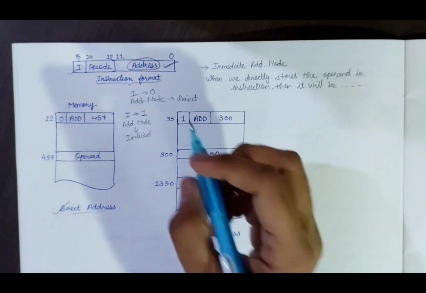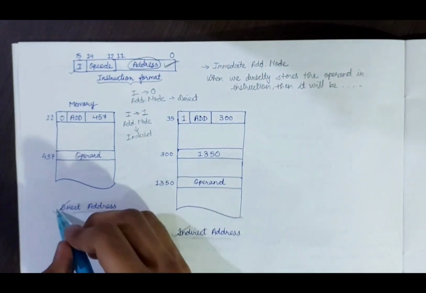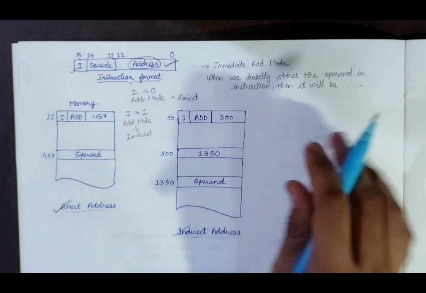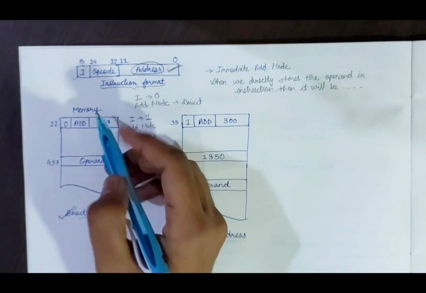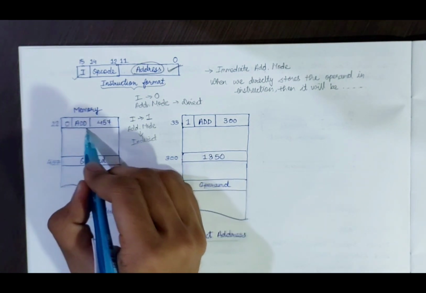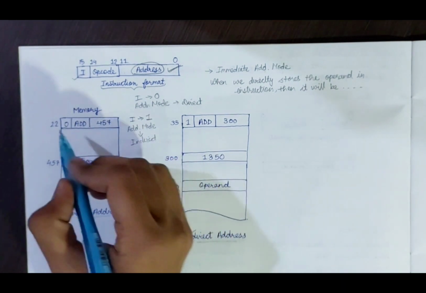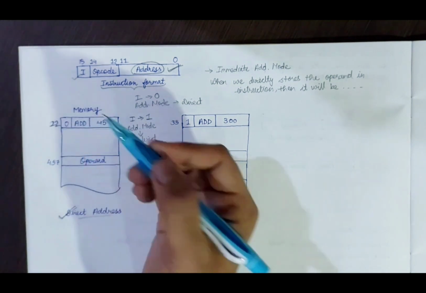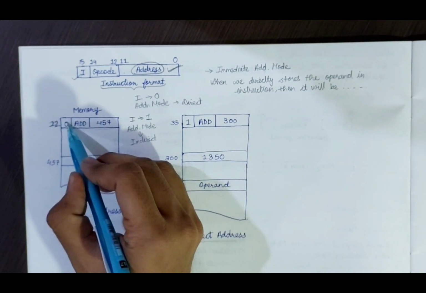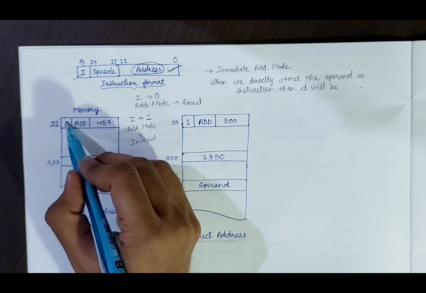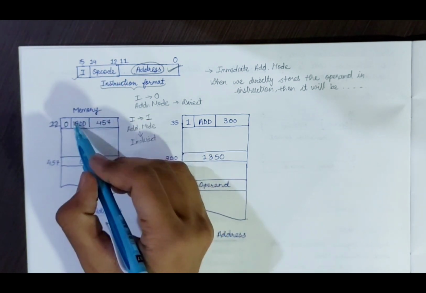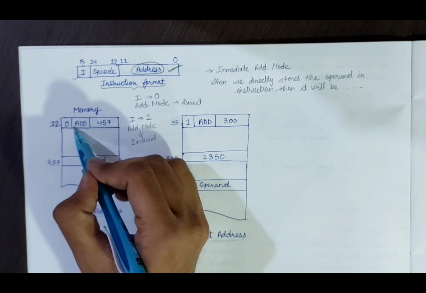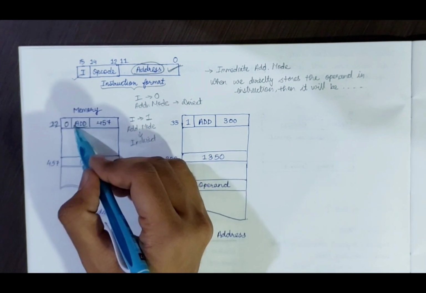So now we will see what is direct addressing mode. Here an example is given: in the memory this instruction is stored at address 22. Here the ith bit is 0, and the opcode would be in binary, but here we have written it in assembly language, that is ADD.